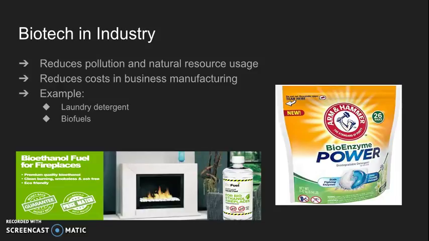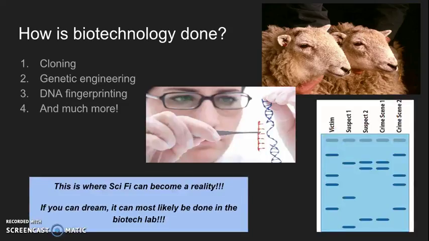And then also biofuels. Biofuels are designed to be sustainable and plant-based in order to heat or power anything that would normally require any type of petroleum-based fuels or fossil fuels.